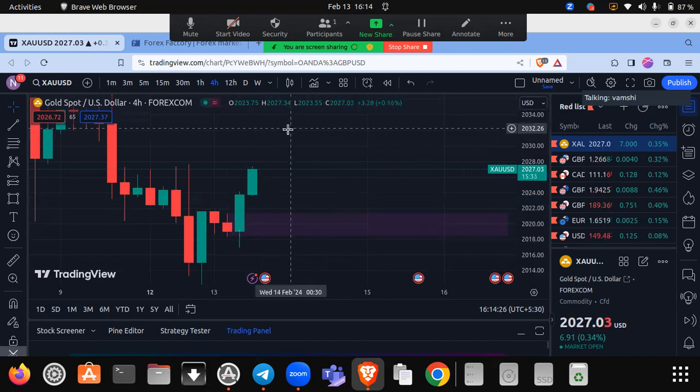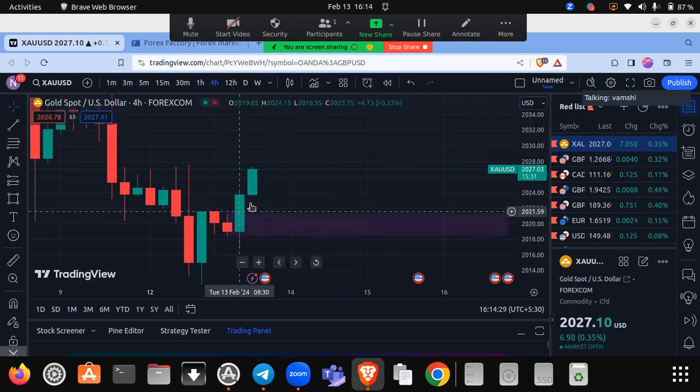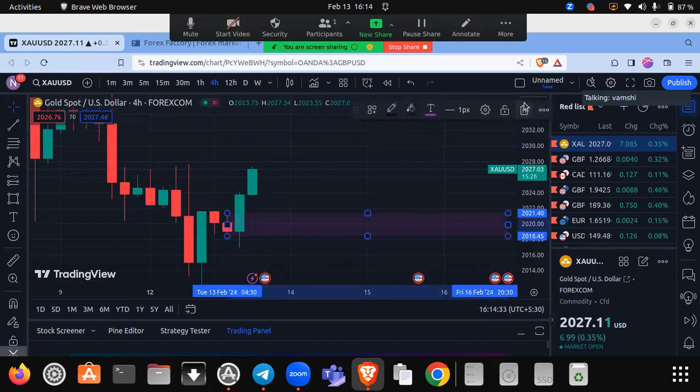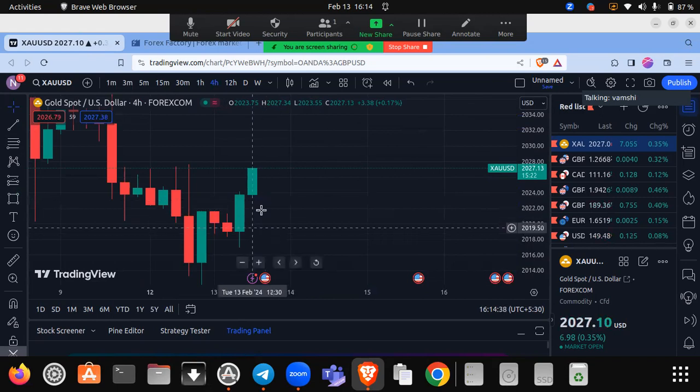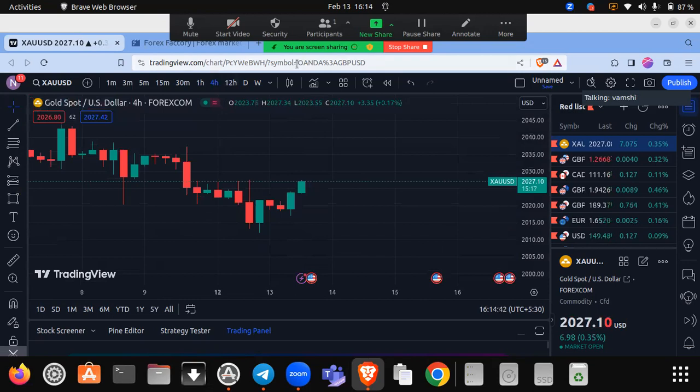Last engulfing makes miracles when you trade it on support and resistance. If you take a last engulfing on major support or major resistance and trade on it, you will get very good profit. Let me show you.